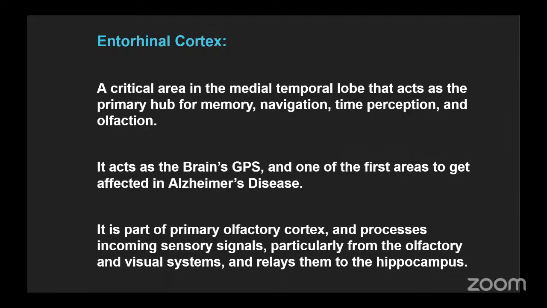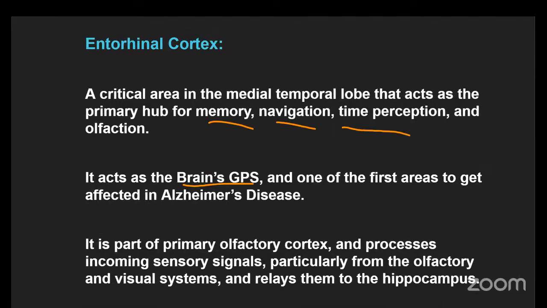But apart from that, it also acts as the brain's GPS. It works for memory, for navigation, for time perception, for visual spatial orientation, and it is one of the first areas to get affected in Alzheimer's disease. So, entorhinal cortex is the brain's GPS. It's also part of the primary olfactory cortex. We discussed this yesterday. I'm just repeating it today. And why is that?